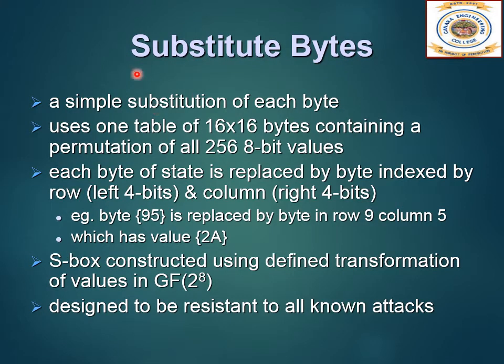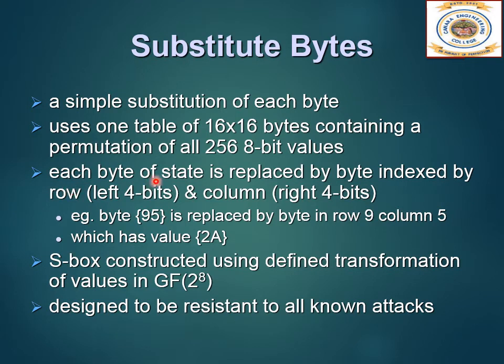Now we will learn about all the 4 stages in detail. The first stage is substitute bytes. It is a simple lookup table. What we do here is, it uses one table of 16x16 bytes containing a permutation of all 256 8-bit values.